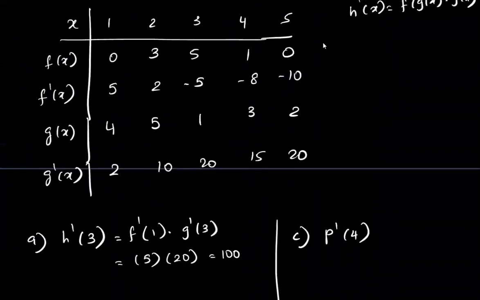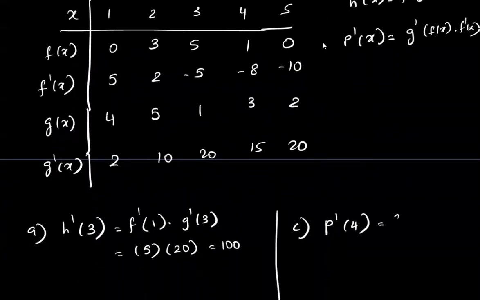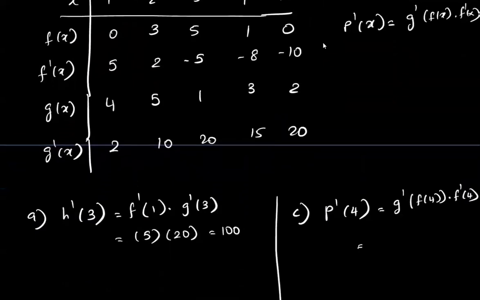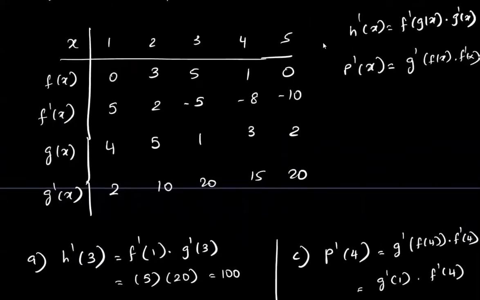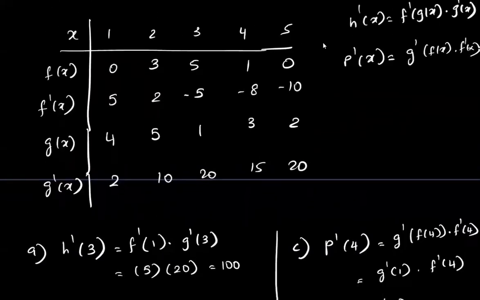Now, for P prime, the outer function is G and the inner function is F. So that means this will be G prime at F of 4 times F prime at 4. Now, what is F of 4? F of 4 is 1. So I have to evaluate G prime at 1 times F prime at 4. What is G prime at 1? It is 2. F prime at 4 is negative 8.